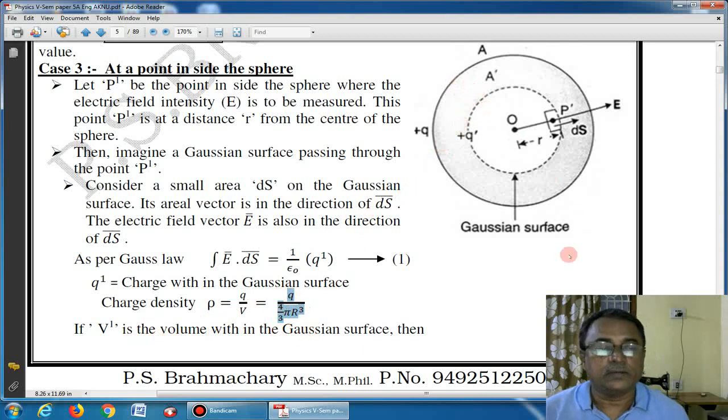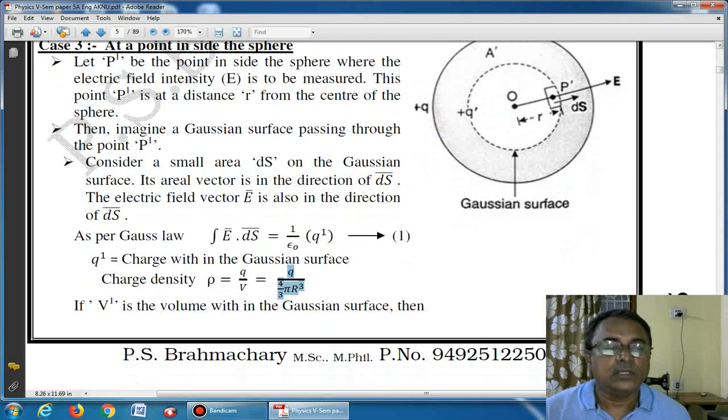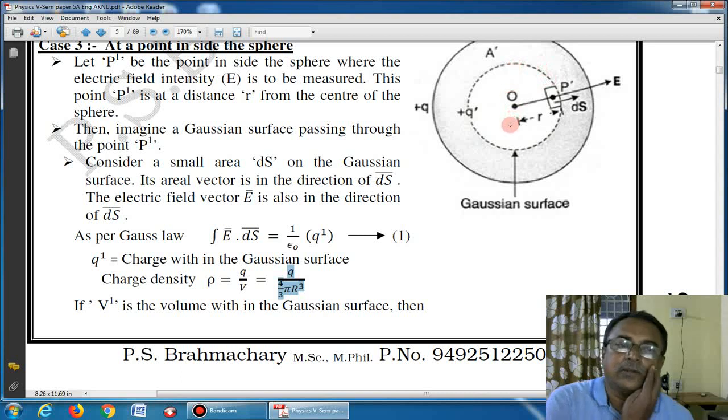Next, coming to the charge within this Gaussian surface, the charge density is to be multiplied with the volume within the Gaussian surface, that is the volume of the sphere within the Gaussian surface.